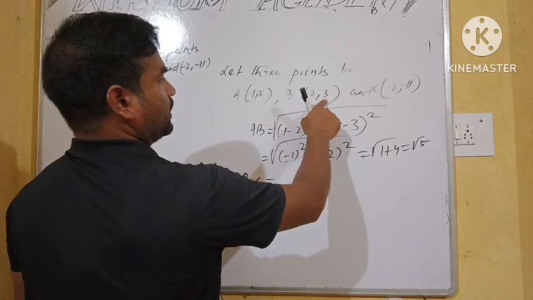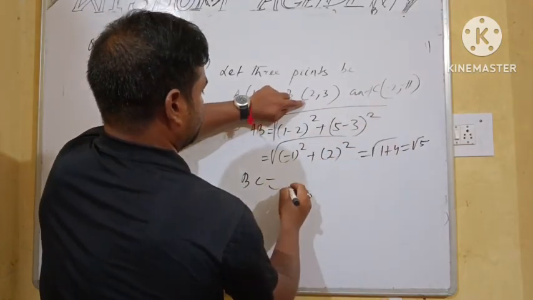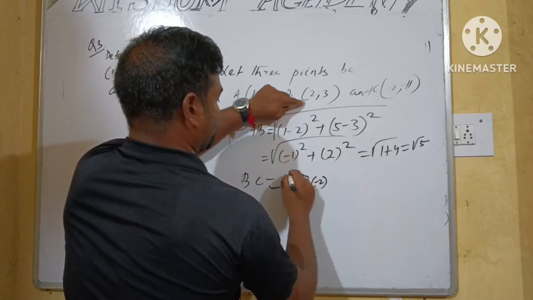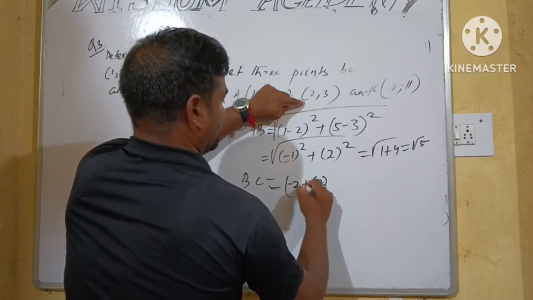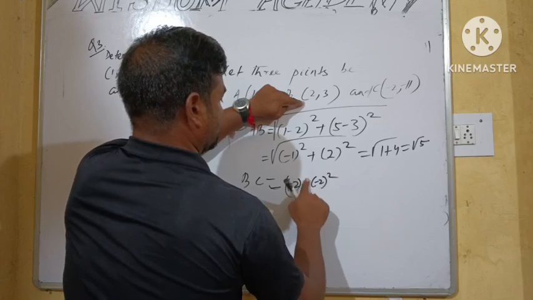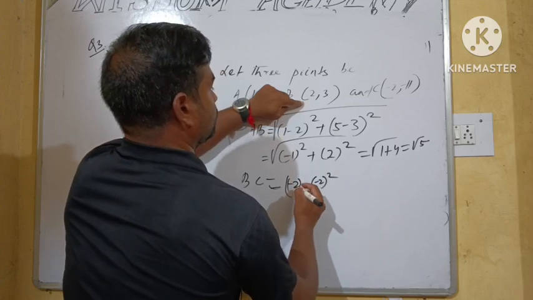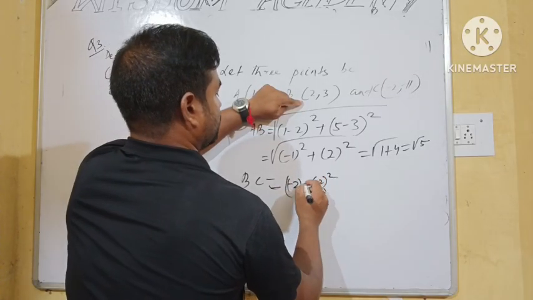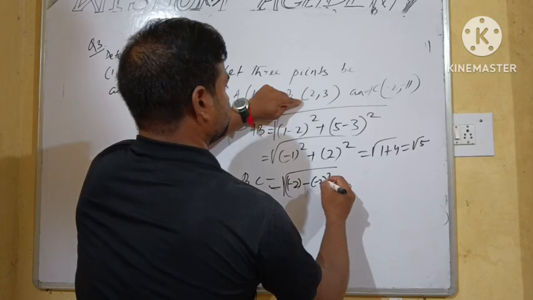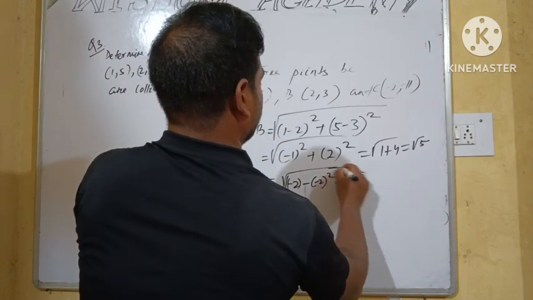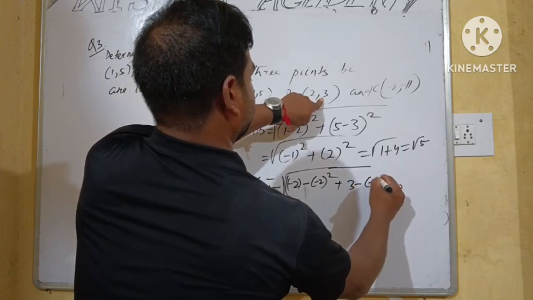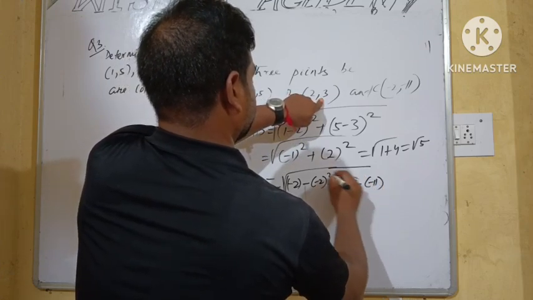B is (2, 3) and C is (-2, -11). Then BC is square root of (2 minus (-2)) the whole square plus (3 minus (-11)) the whole square.